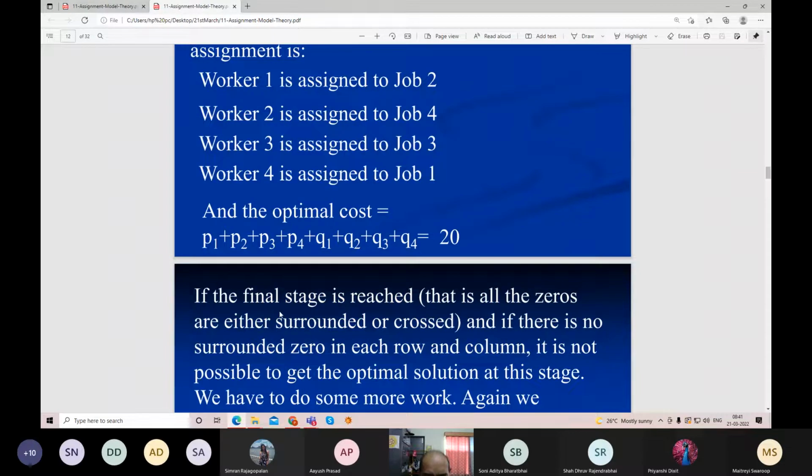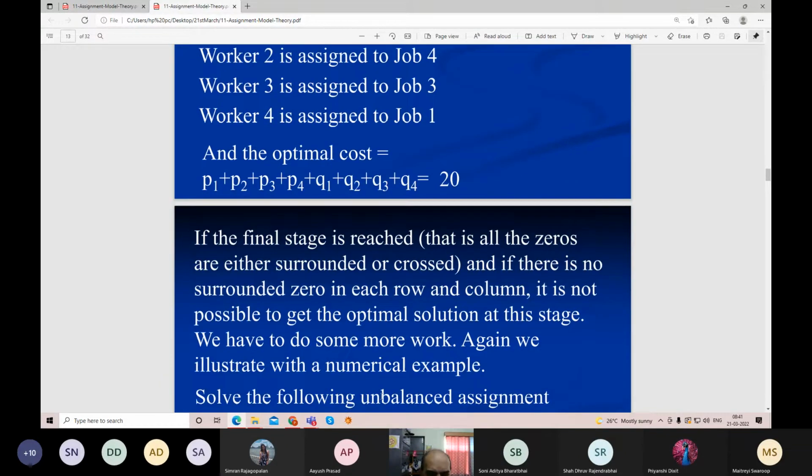If the final stage is reached, that is all the 0 are either surrounded or crossed, and if there is no surrounded 0 in each row and column, it is not possible to get an optimal solution at this stage. We have to do some more work. Again, we illustrate with a numerical example.